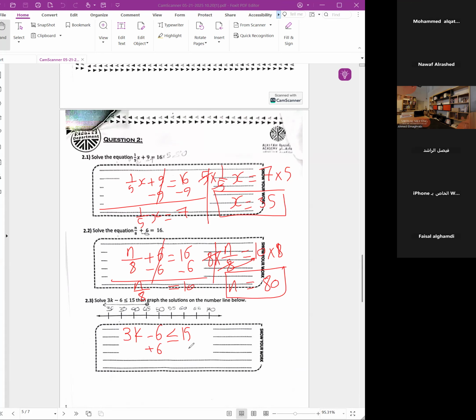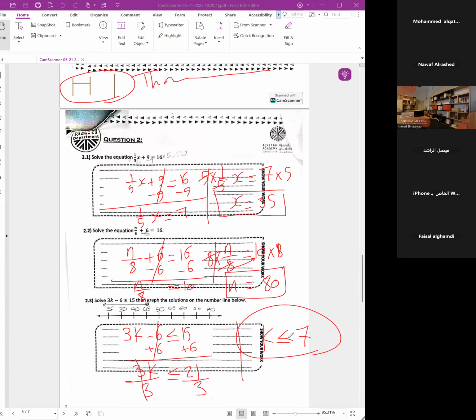We should add 6 to both sides first, and then 3k is less than or equal to 21. We divide by 3, divide by 3. We add 6 to both sides, we get 21, divide by 3, so k is less than or equal to 7.